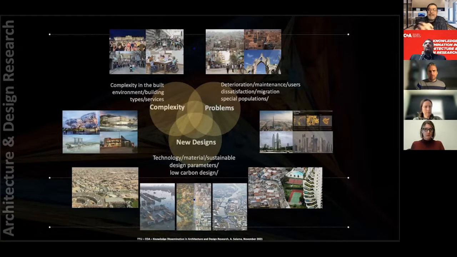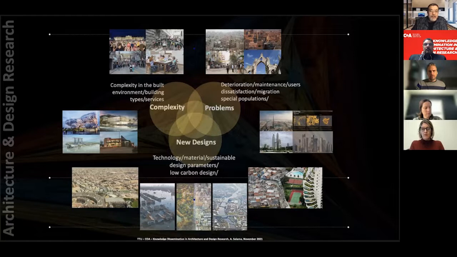In essence, the key point is the multiplicity of issues and challenges that education, research, and practice have to encounter and prepare future professionals for. This is evident in the amount of complex problems that exist in the built environment. We can go over many problems, but I will mention some here which also constitute areas of research.